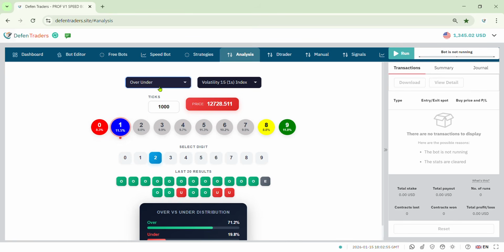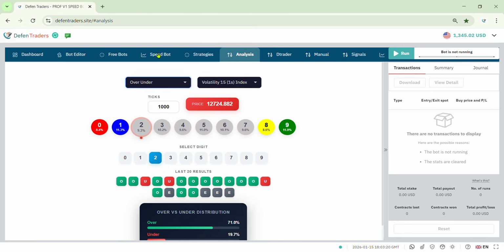That is what we call digit psychology. So it's always good to understand that the digits, yes, they are random, but we have defined and proven strategies that are there to at least bring you closer to your entry points, closer to your wins.